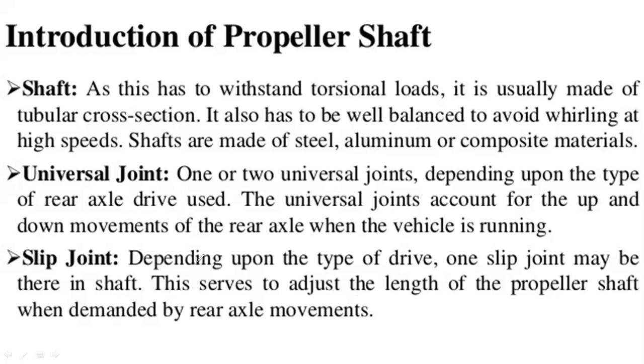Suppose I am using rear wheel drive, I am using a universal joint, or if I am using a four-wheel drive mechanism, in that we are using a slip joint also. These are the different types of drives used in the automobile vehicle system.